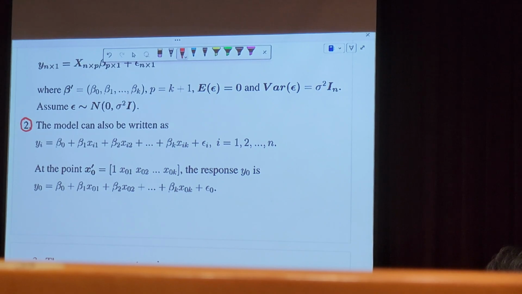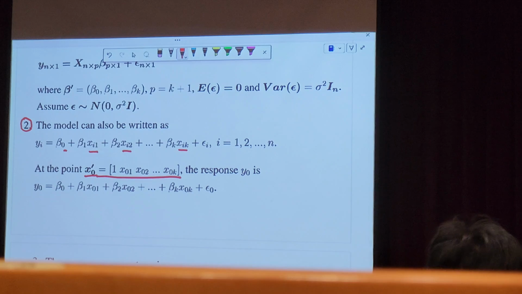And then consider a particular set of regressor values here. This one. It means I consider this value, and then there's a 1 here. So x0 refers to a set of regressor values.